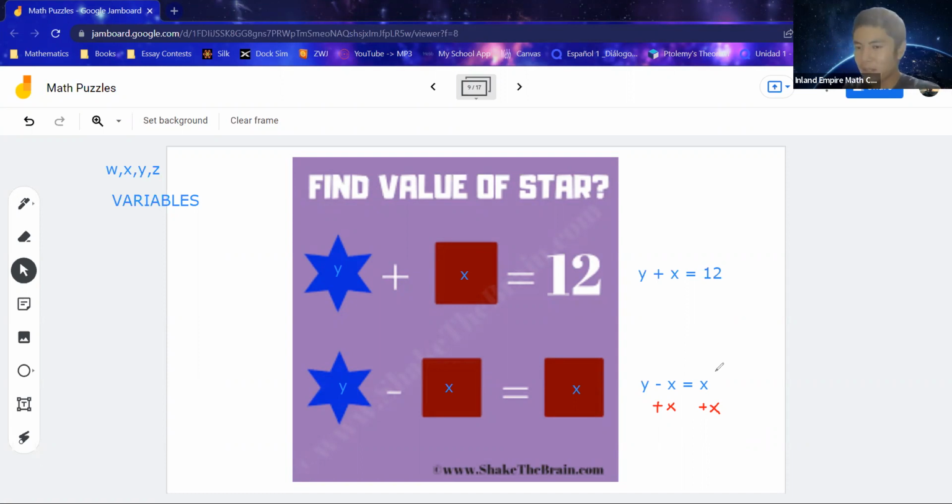Is that clear to everyone? Do you guys understand what we're saying? All right, let us know if you have any questions. But anyways, this would imply that y equals 2x.